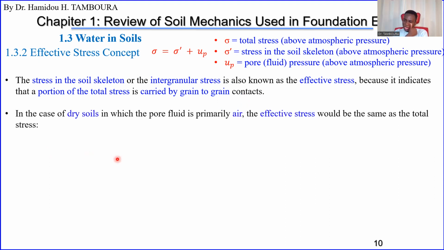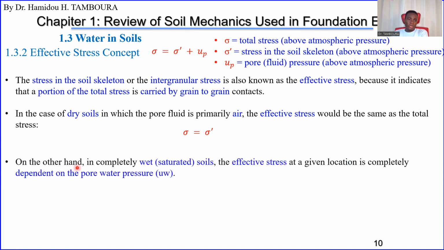In the case of dry soil, for example, which means there is no water, the pore fluid is primarily air. And in that case, the effective stress will be the same as total stress. So it means we will not have this because the soil is dry. Total stress will be equal to effective stress.